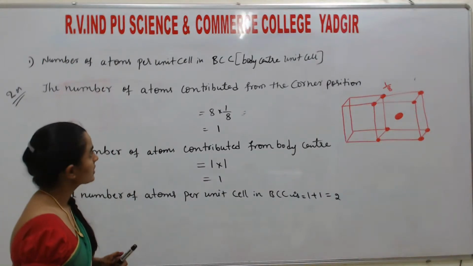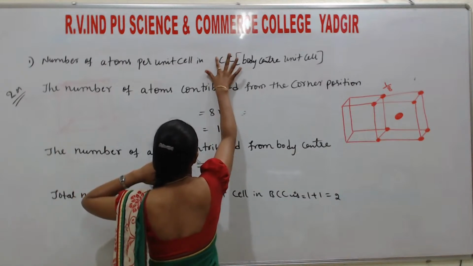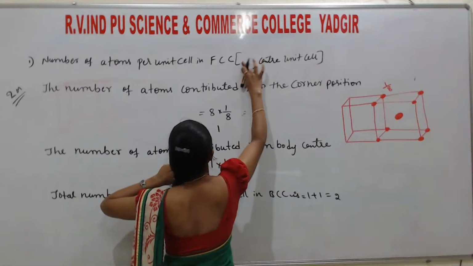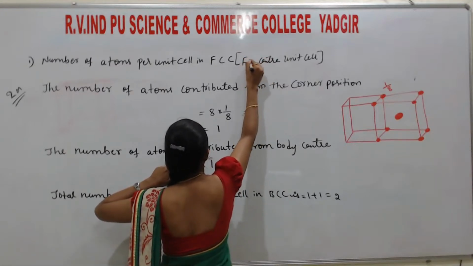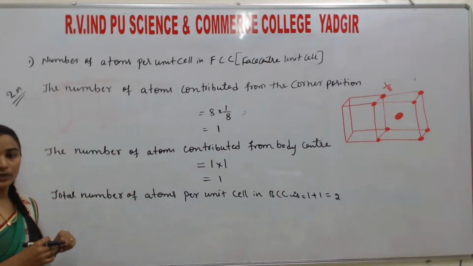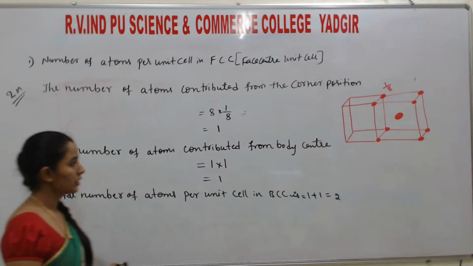Next one is the number of atoms per unit cell in FCC. FCC means face centered.